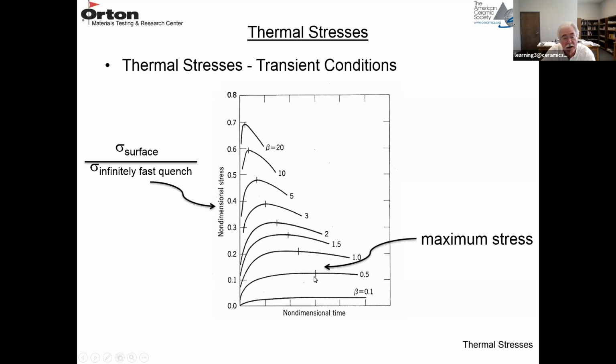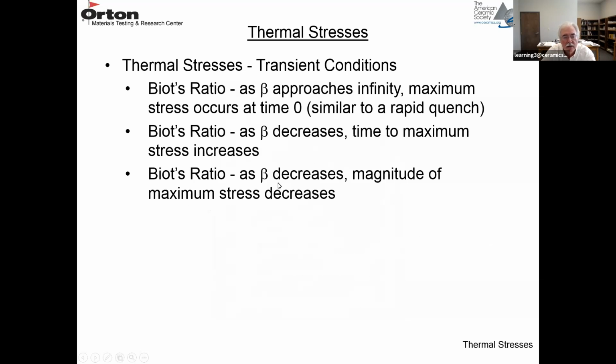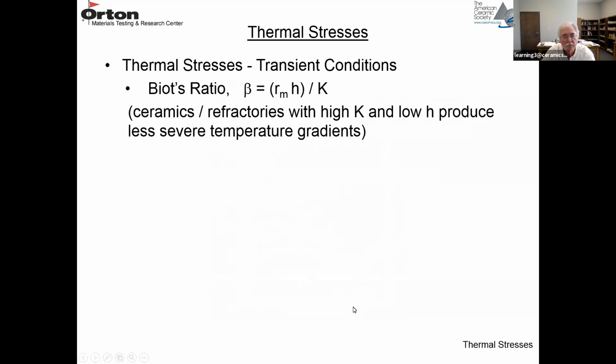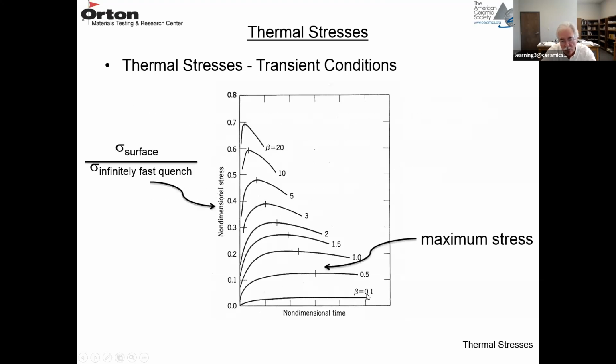It takes longer for the maximum stress to develop. And again, as beta decreases, the magnitude of the stress also decreases. So lower values of beta take longer for the maximum stress to develop, and the maximum stress is lower.